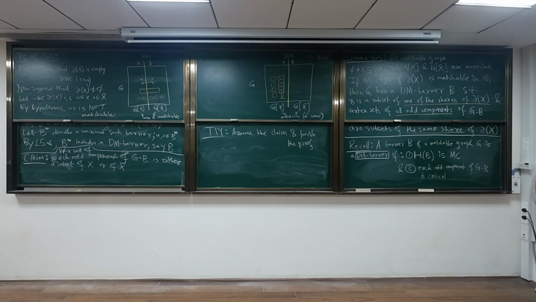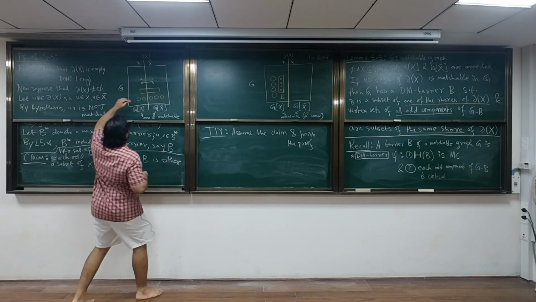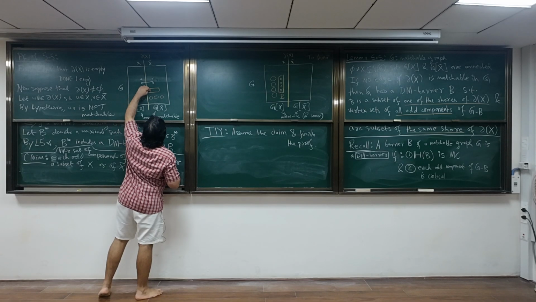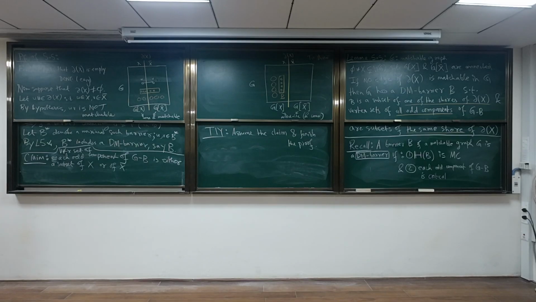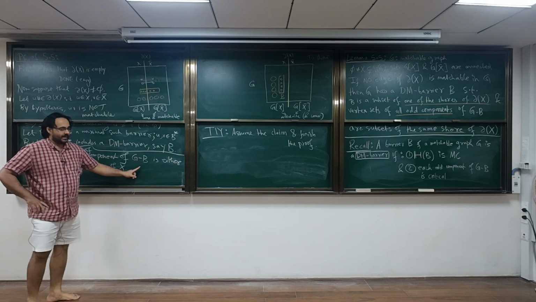Maybe I'll also put vertices in the barrier. This doesn't look nice. So if you convince yourself that the claim finishes the proof, then your next DIY is prove the claim.